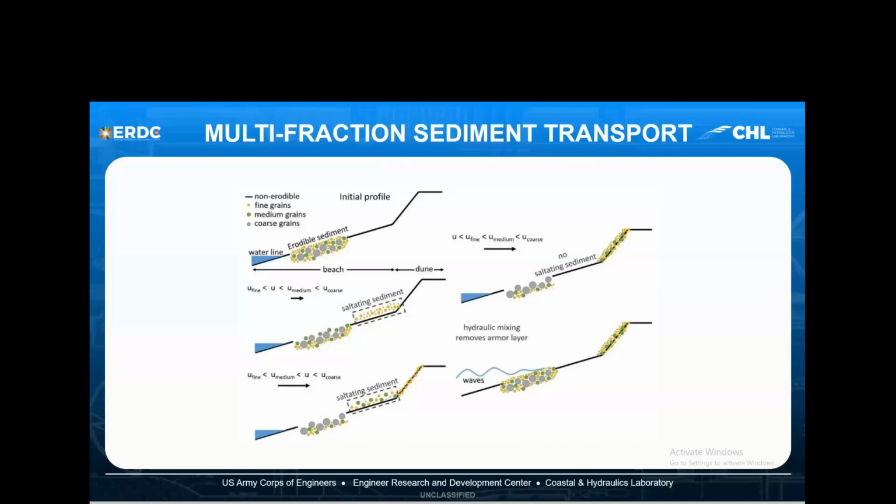This can be remedied if there are some medium grain sands present and a higher wind speed comes through, which can pick up the mediums, but then you're still left with the really coarse material. Then we have hydraulic mixing from waves and tides that can mix up the sediment and reintroduce some of these fine sediments into our system again to be available for Aeolian transport.